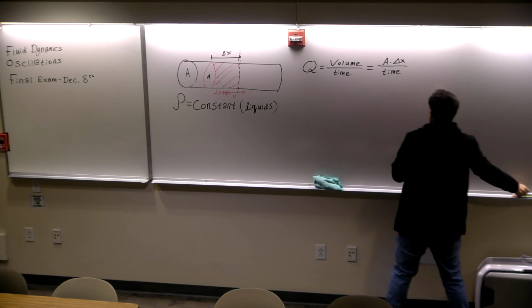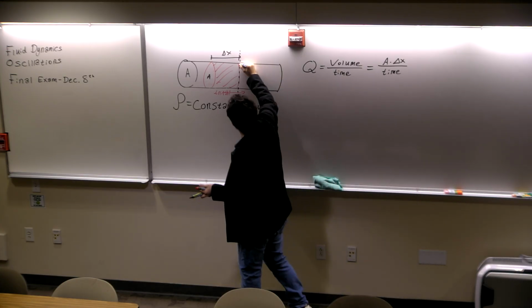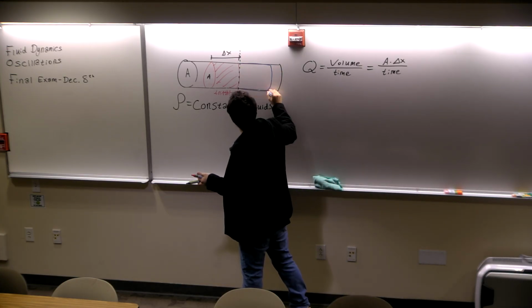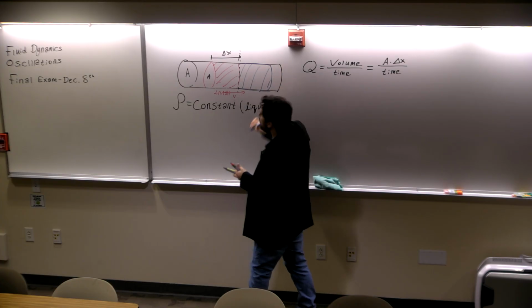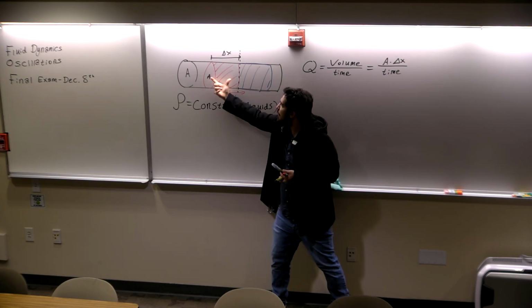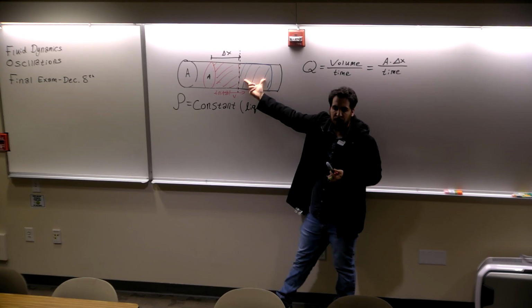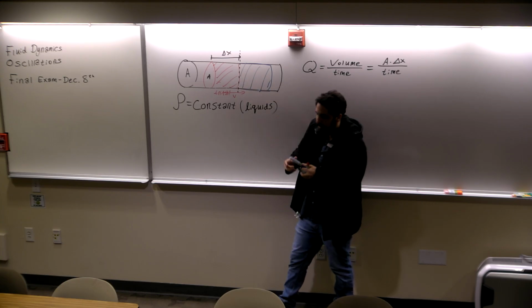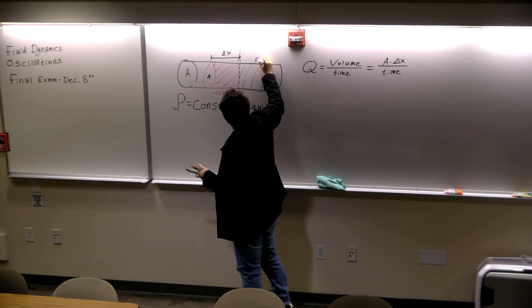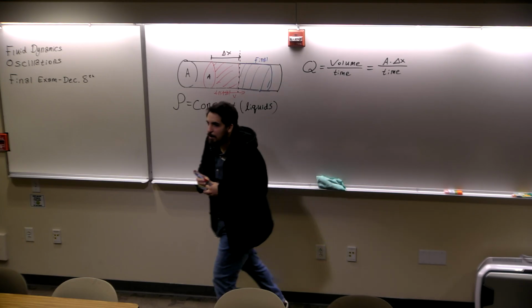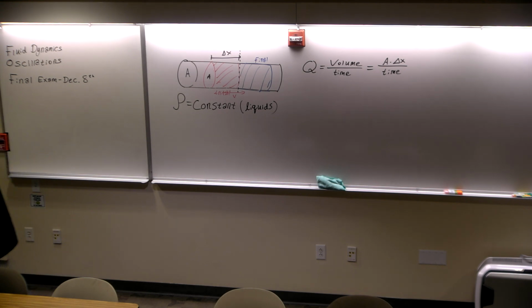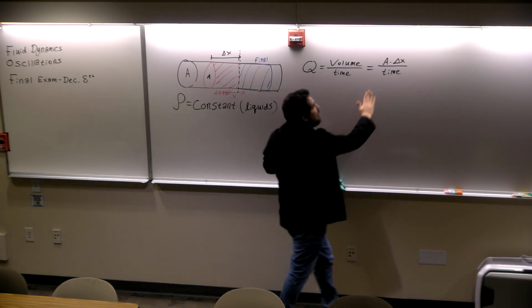Sometime later, all of that volume of fluid will move forward to cover a new area of the pipe. So it goes from this red region, and that water flows forward and will eventually make it to this blue area. Can we visualize that? Yeah? And this is our final position. T is the amount of time to have that flow move from the red region to the blue region. That is our delta T that we look for.